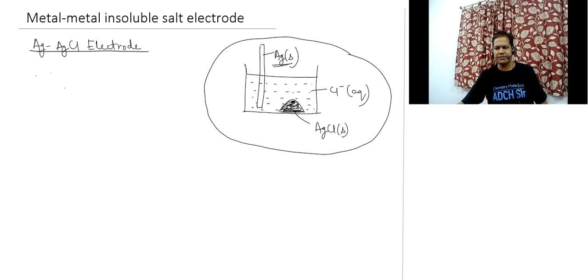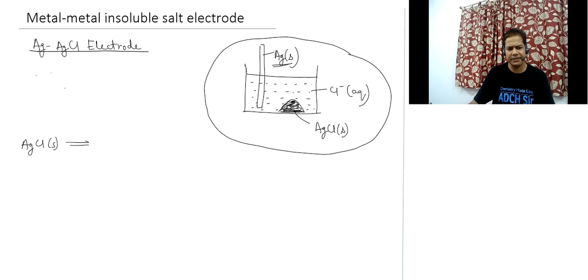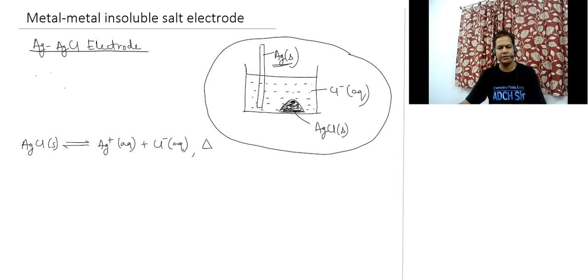The reactions we can write: AgCl solid, a sparingly soluble salt, will be in equilibrium with Ag+ aqueous and Cl- ions. For equilibrium, delta G is equal to 0. Suppose this is delta G1, we write delta G1 is 0.